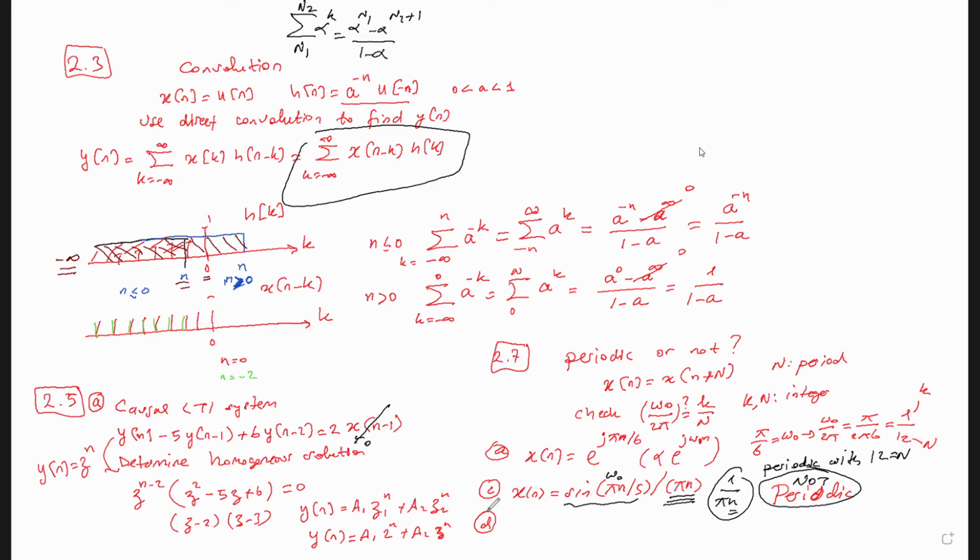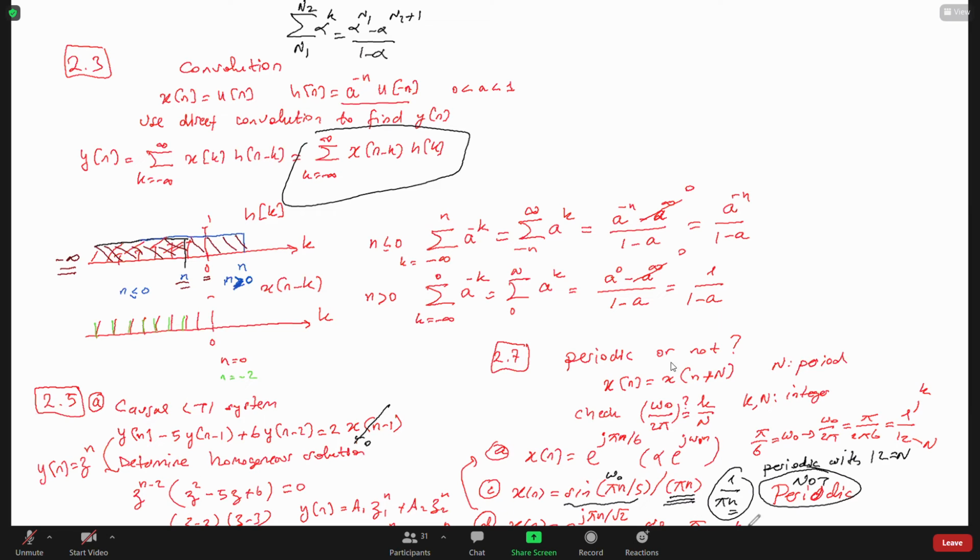The last one is part B, which is x of n equals e to the j pi n over square root of 2. So this has the same form as part A. We can write omega 0 over 2 pi, which is pi over 2 pi square root of 2, which could be k over n or not.